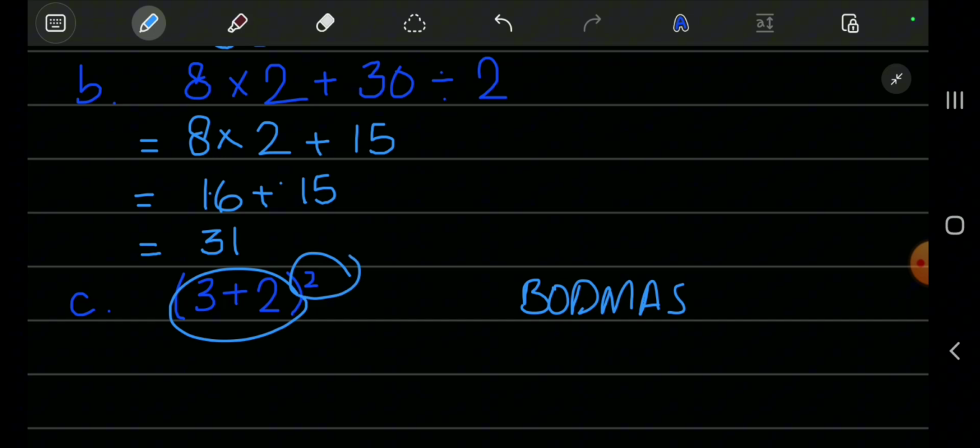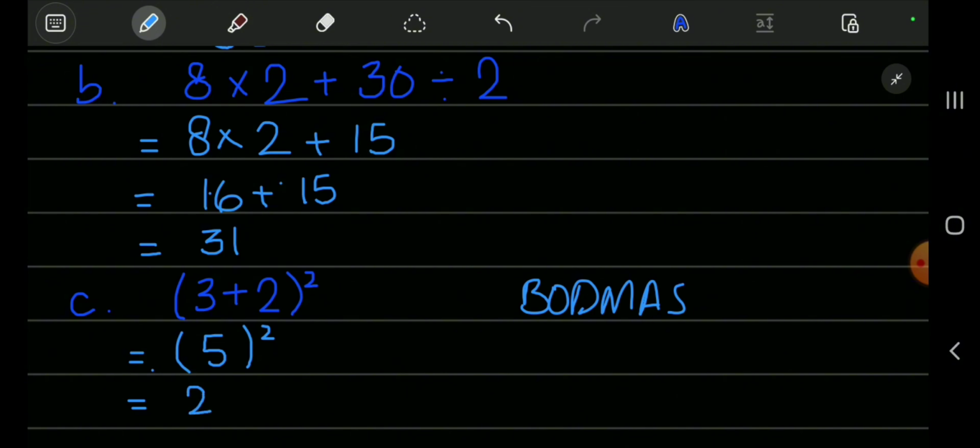In any question like this, you are first supposed to do the bracket and then the power. So first the bracket would be 3 plus 2. This is going to give you 5. Okay, and in the next step you are going to do the power, and that gives you 5 5s are 25. Okay, this is how BODMAS works.